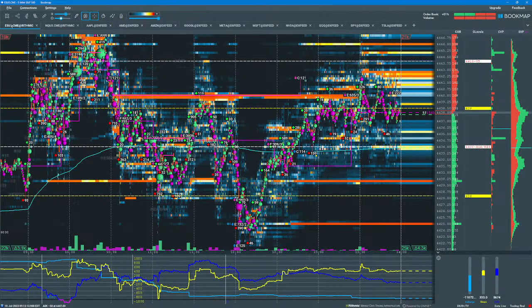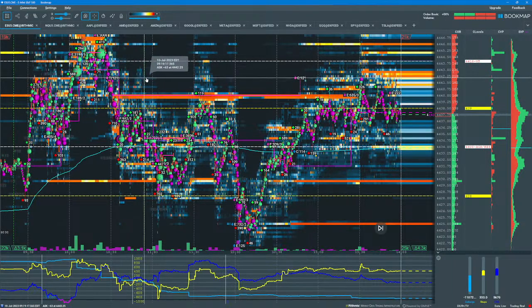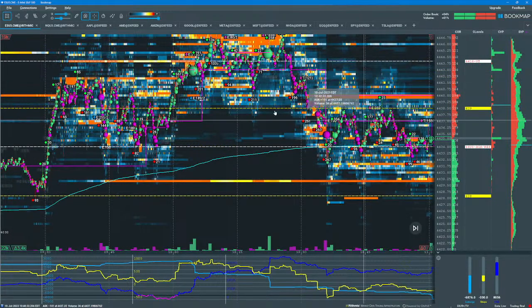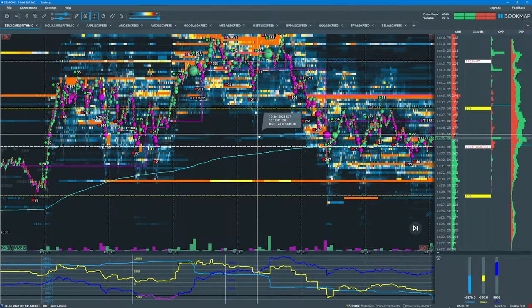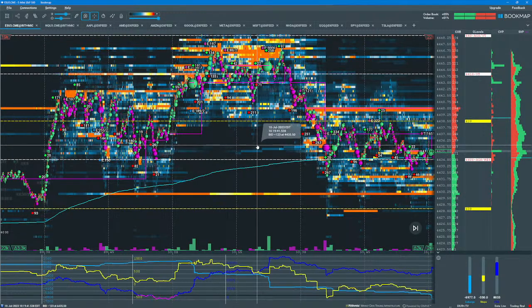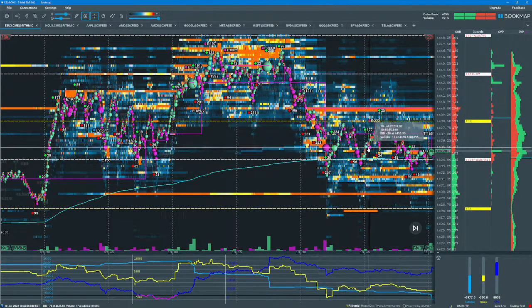ES, I'm going to zoom in on the morning here. So we know that traders started taking negative delta positions.